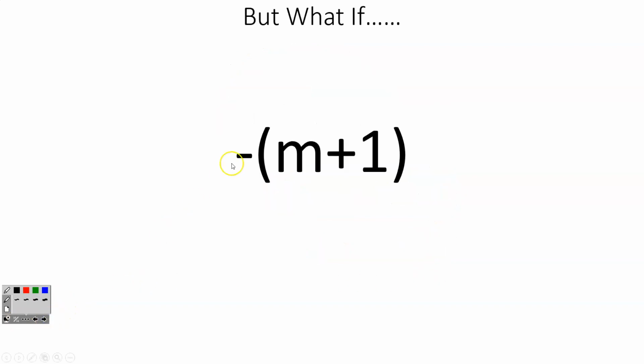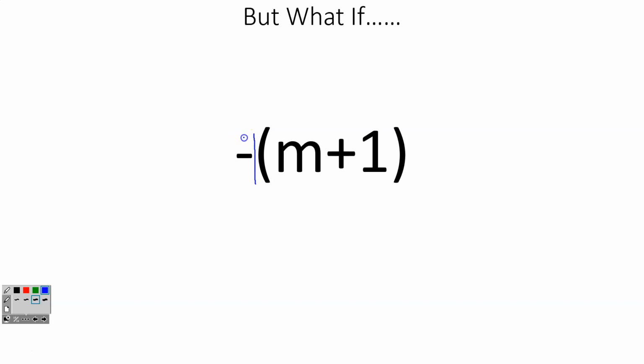Now, there's going to be instances where you just have a negative outside and nothing else. Students will get confused with this because they're so used to seeing a number out here. What do I do? Well, there is an invisible number right here that you can't see. It's a 1. So a negative 1 is what you're going to be distributing.